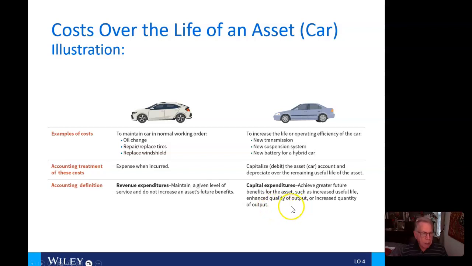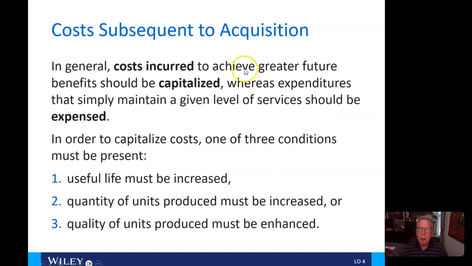So a capital expenditure is going to achieve greater future benefits for the asset, such as increased useful life, enhanced quality of output, or increased quantity of output. So, in general, costs incurred to achieve greater future benefits, we'll capitalize those.